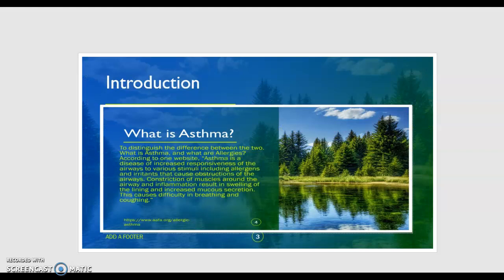Moving on to slide number three, we're going to talk about what is asthma, to distinguish the difference between the two. What is asthma, and what are allergies? According to one website, asthma is a disease of increased responsiveness of the airways to various stimuli, including allergens and irritants, that causes obstruction of the airways.